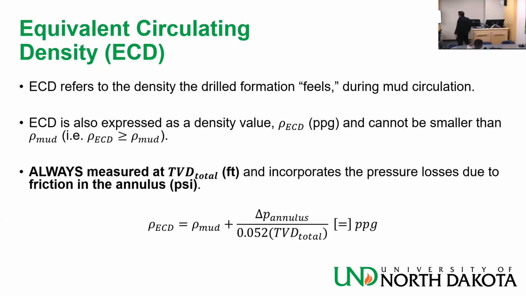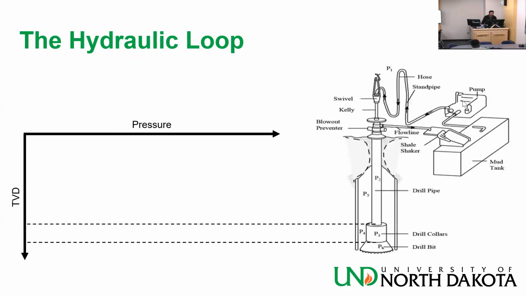Anyway, this is the calculation for the ECD. It is rho mud plus delta P annulus divided by 0.052 times TVD total. Now, delta P in the annulus is the pressure losses after going through the bit. So basically, if I go back here, let me draw the hydraulic loop again.